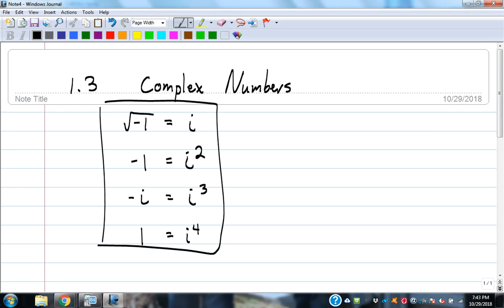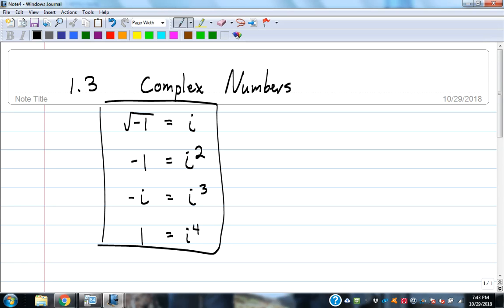So i to the fifth is the same thing as i. i to the sixth is i squared. i to the seventh is i to the third. i to the eighth, it just repeats over and over and over. We generally don't have to do too much with anything bigger than i to the fourth in Math 100 or 110. So that chart, know it.